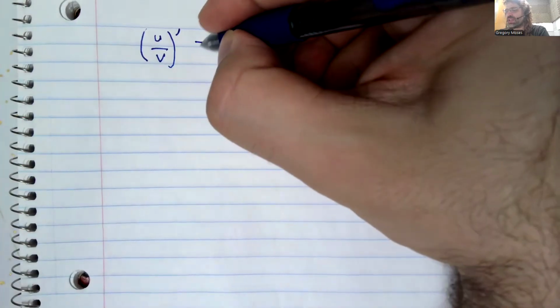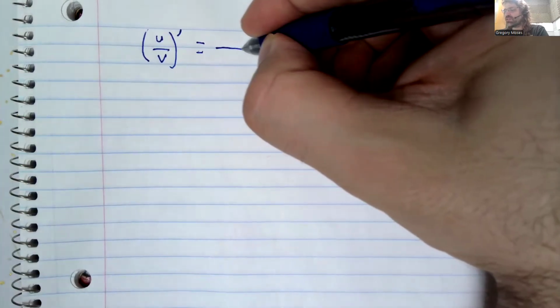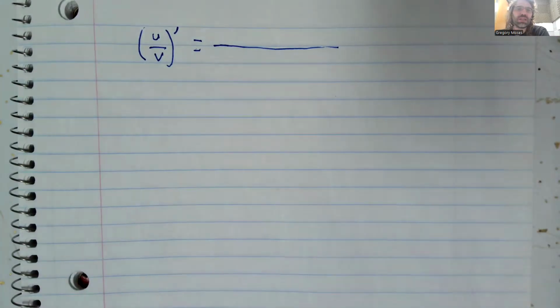So, hot on the heels of the product rule, there's another rule that we unfortunately need you to look at, the quotient rule. The derivative of a quotient, the derivative of u divided by v, is, let me think.